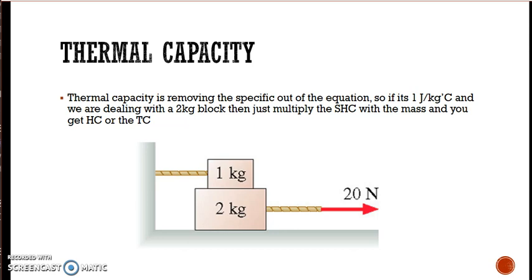Thermal capacity and heat capacity are the same thing. So for example, there's this 1 kg block, you want to know what's the heat capacity for it, but then you also want to find out the 2 kg block. So you find out the first one, and you can already find the second one because it's just multiplying the mass by 2.